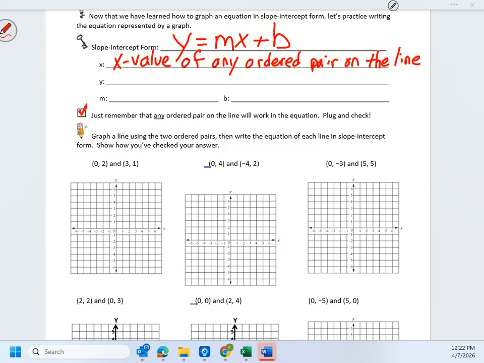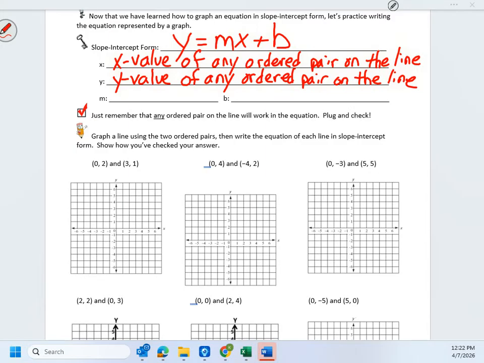Yes, because it is that important that we know this y-intercept form or slope-intercept form, and we know what every part means. So we're going to be rewriting it so we learn it and have it memorized. It's that important. So if x is the x value, y is the y value of any ordered pair on the line.